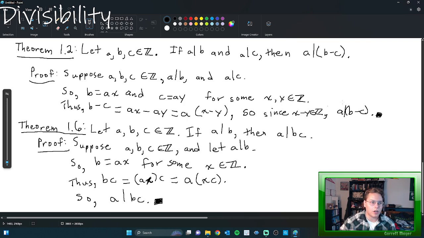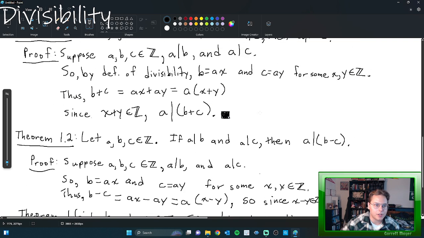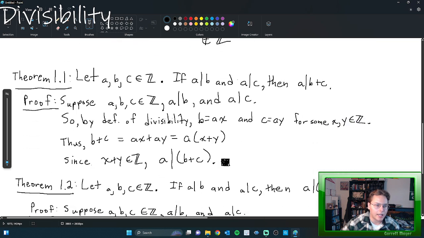Okay, so those are some very basic properties of divisibility, and you can see how we use divisibility in a proof. Typically, when we see that something is divisible, we can break it out in terms of this definition, where it equals the thing that divides it times some integer. And this integer is just any integer. We know it has to be some integer.